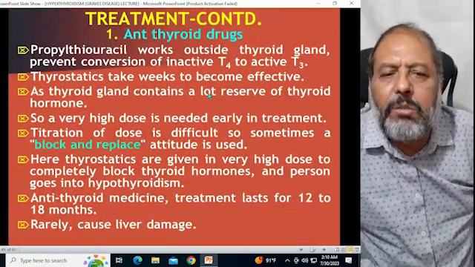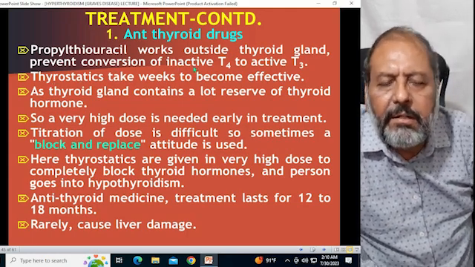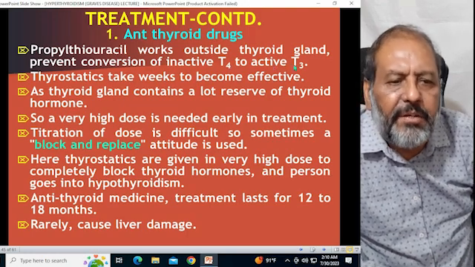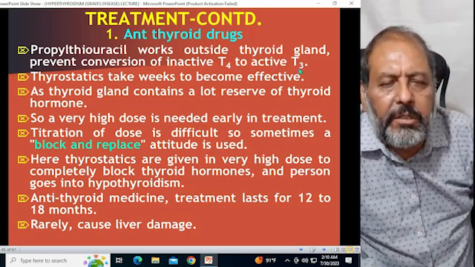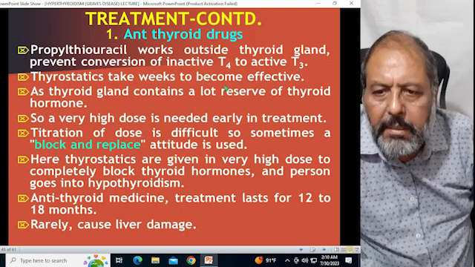Now, propylthiouracil also works outside the thyroid gland and prevents the conversion of inactive T4 to active T3, which is actually responsible for causing the effect of thyroxine.